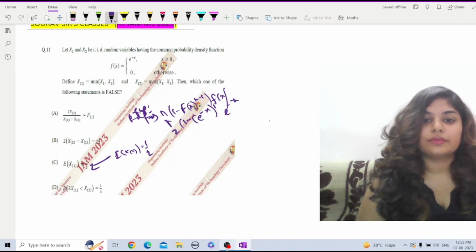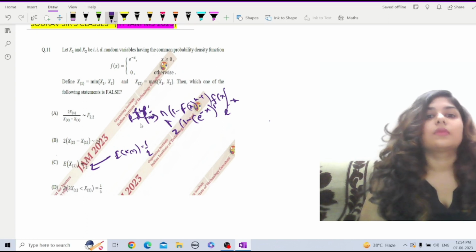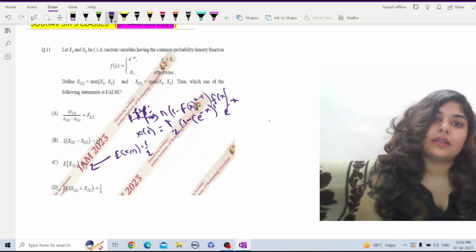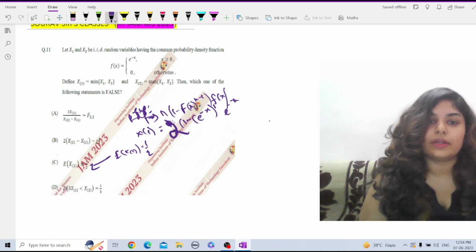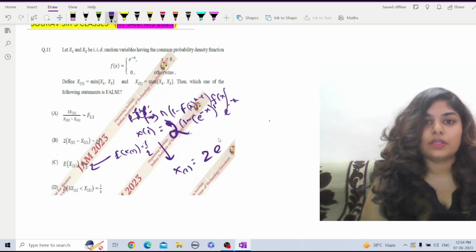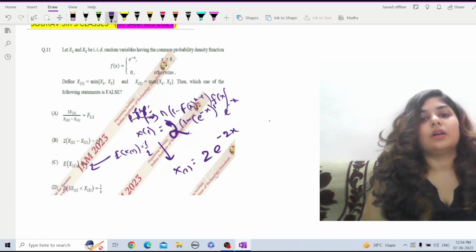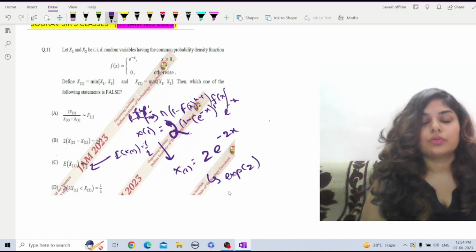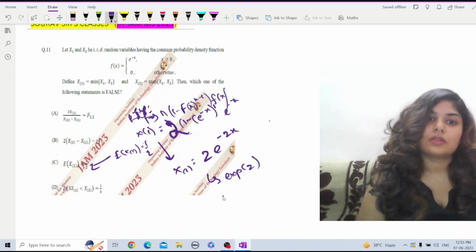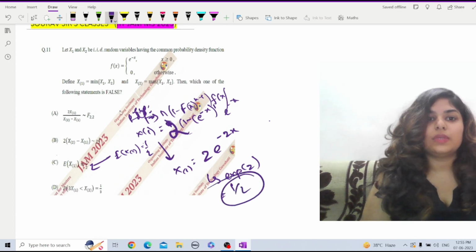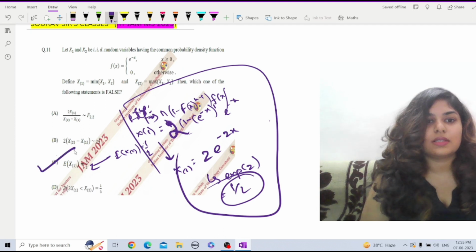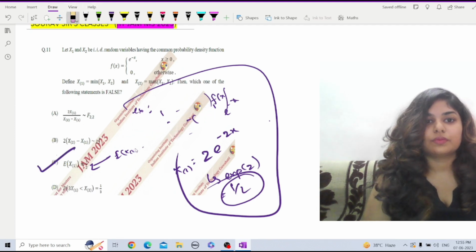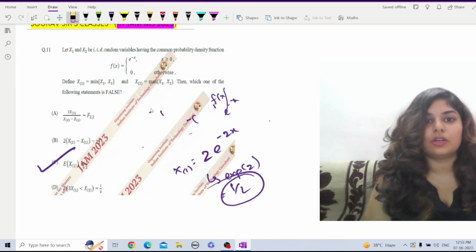So now if we solve this, so this is our x1 here and n is basically, okay, we also have a 2 here, right? So now from here we get x1 is equal to 2 e to the power minus 2x. Now this is basically an exponential with 2, so that is half of this. So that means if we solve like this, then this is correct. So this is checked. That means option C will not be one of the answers.